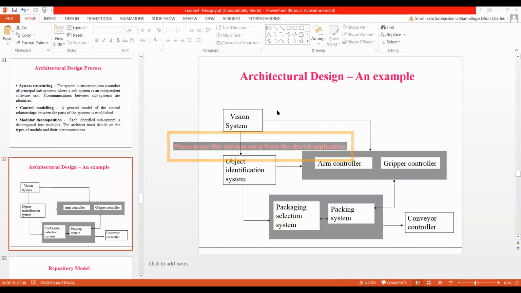Here, can you identify the subsystems and modules? This is an example of a vision system.